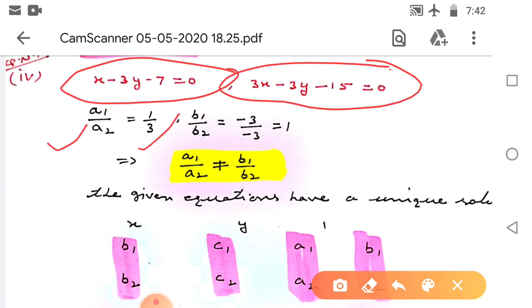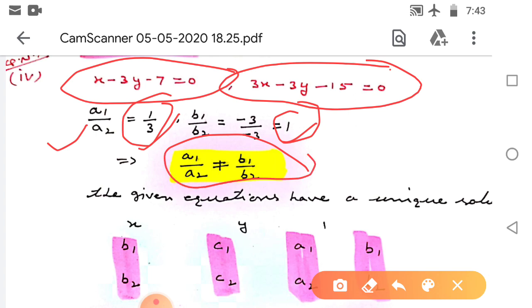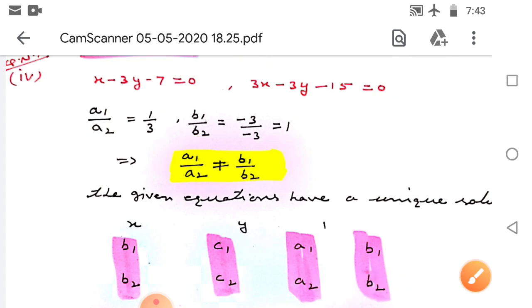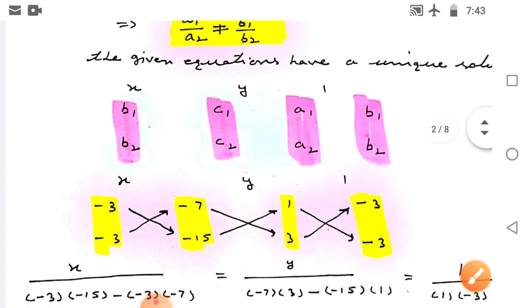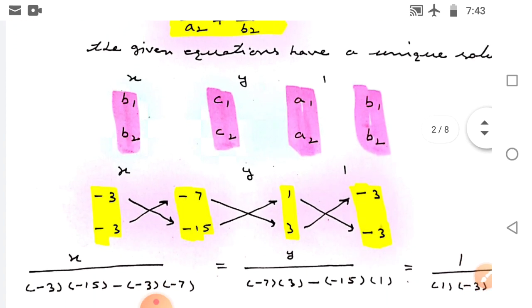Value of b1 upon b2 in this case is minus 3 upon minus 3, which is 1. So here clearly a1 upon a2 is not equal to b1 upon b2. So in this case, the given equations have a unique solution, right? And we need to find it with the help of the cross multiplication method.